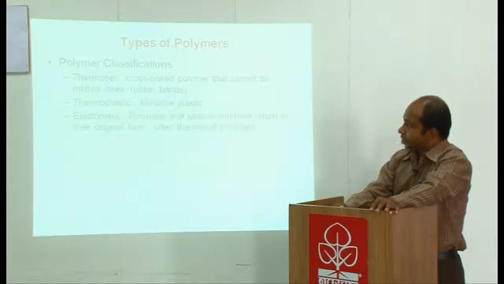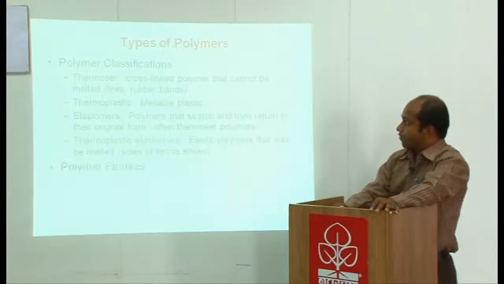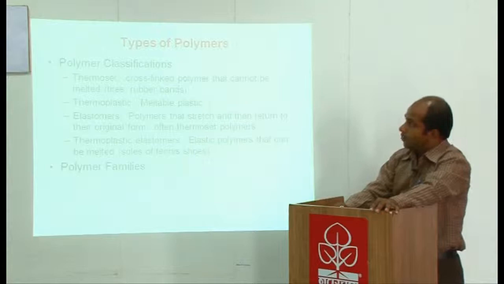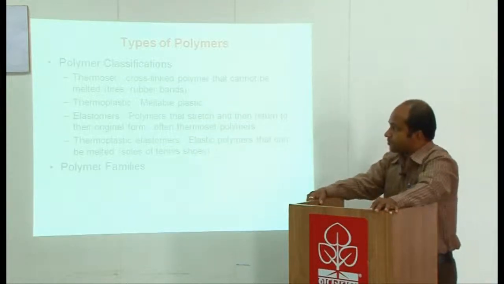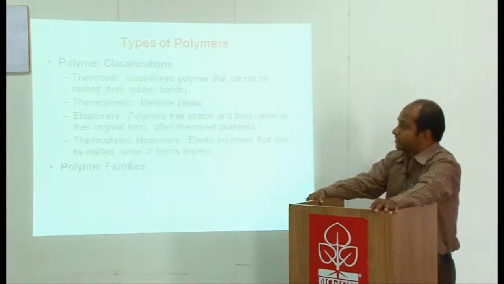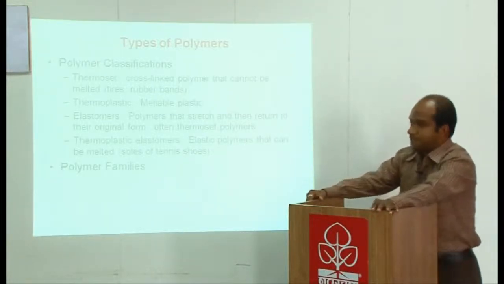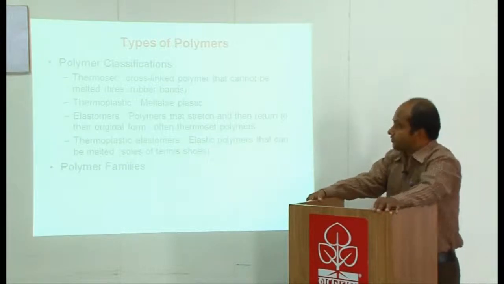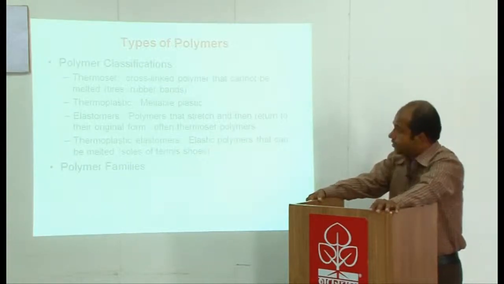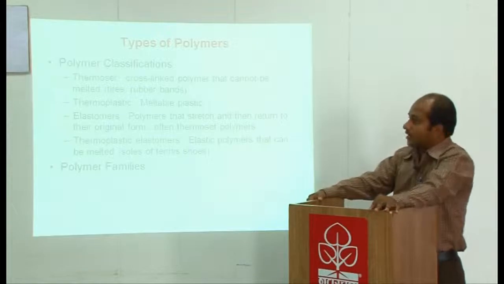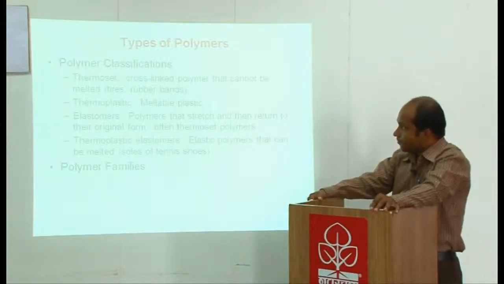So let us discuss the broad classification of polymers. Polymers are classified as thermosets, thermoplastics, elastomers, and thermoplastic elastomers. Broadly, there can be two general classification terms, thermoset and thermoplastic.